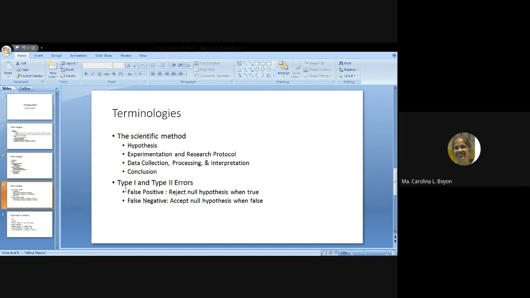Okay, so the emphasis in developing an experimental or research protocol is to provide steps which are anchored on the science. So for every step in any protocol, you need to validate that as justified by the science where this belongs.